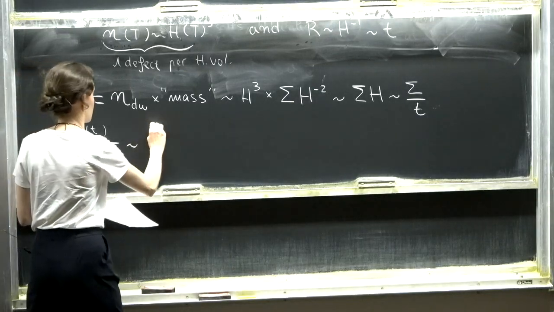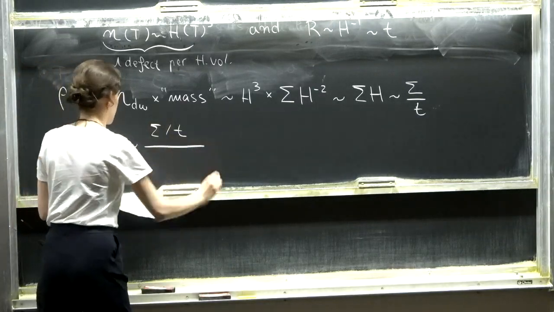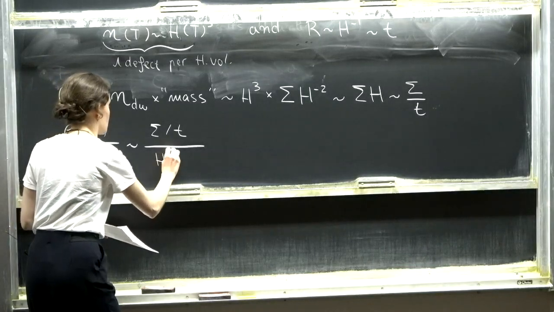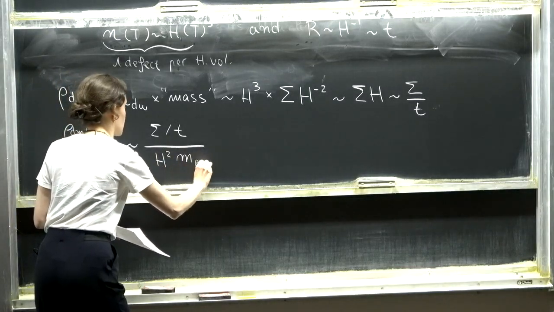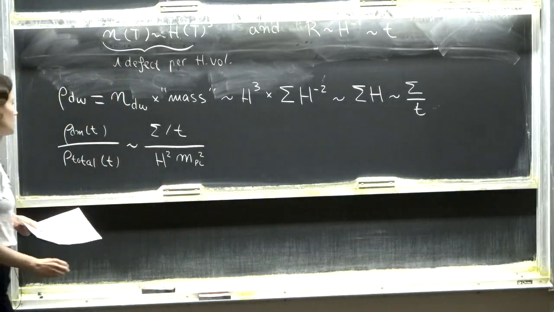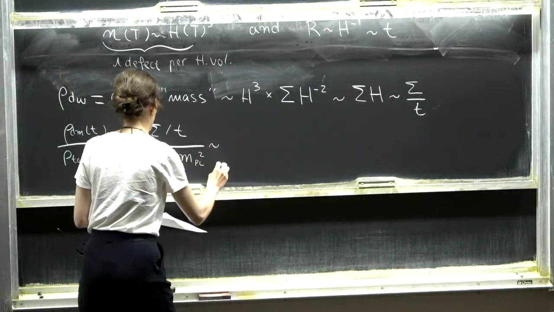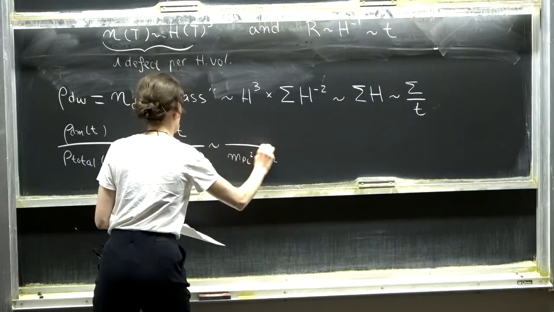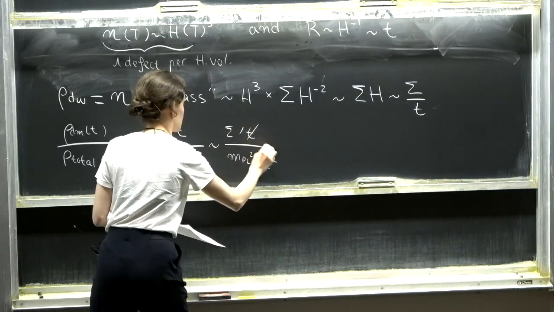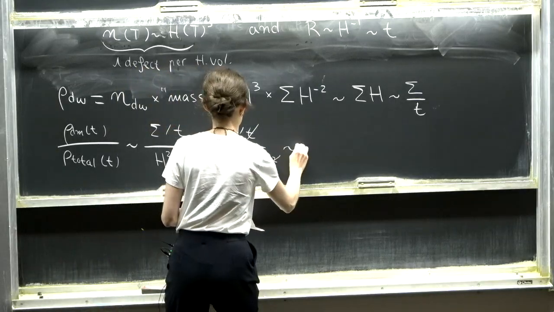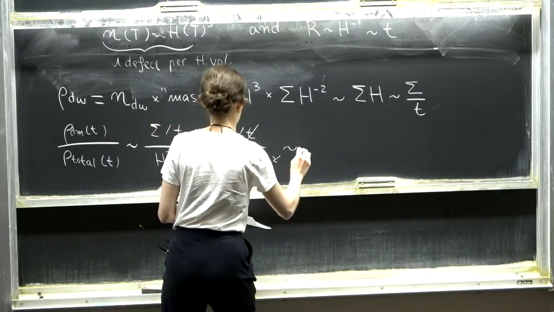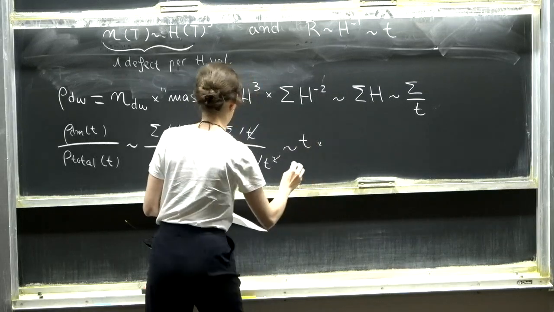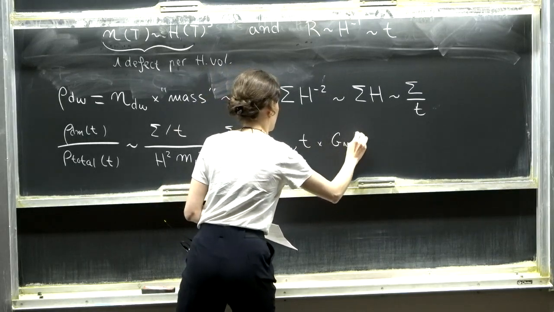So this is sigma over t. And the total energy of the universe we can always write down as Hubble square times Planck mass square. Up to order 1 numbers, this is M Planck square over t square. And then we're left with t times, let me write it as G Newton times sigma.